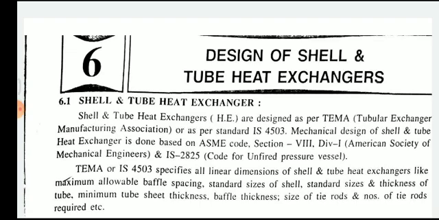And the mechanical design of shell and tube heat exchanger is done based on the ASME code, the American standard, American Society of Mechanical Engineers, and Indian Standard 2825 for unfired vessels. Okay, so this coding is important for the designing and the standard design.